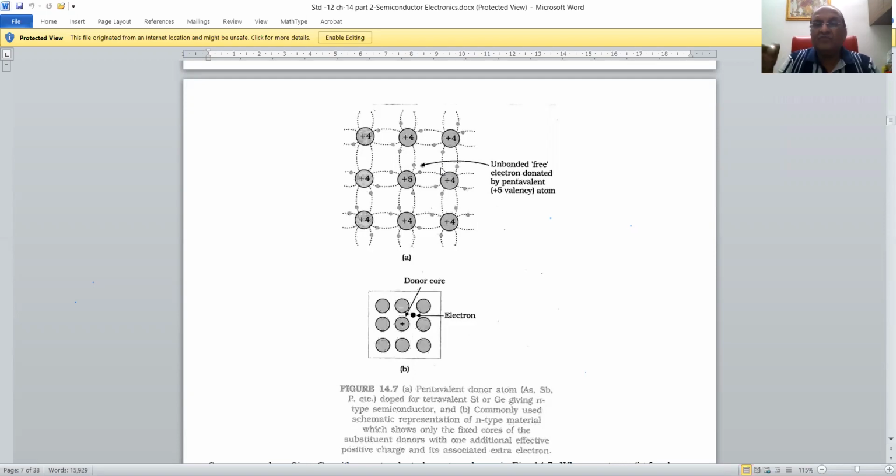So 10²³ divided by 10⁶, 10¹⁷ atoms you can dope per mole. Now, per atom you are getting one free electron. It implies that per mole now you are getting 10¹⁷ free electrons which can take part in the conduction process.